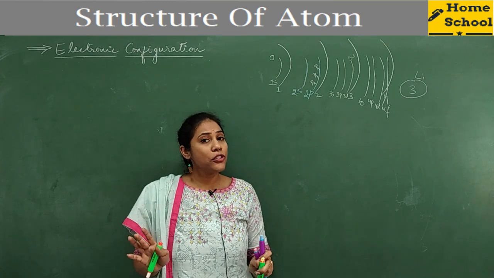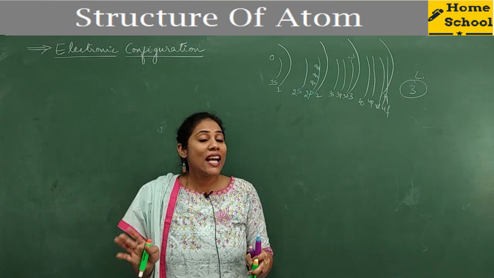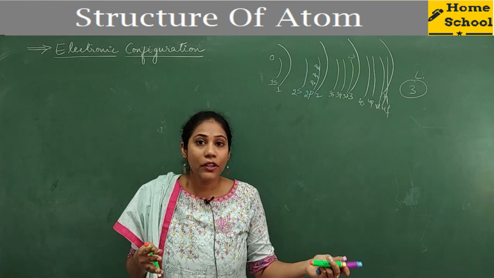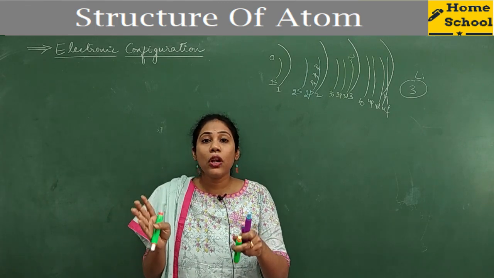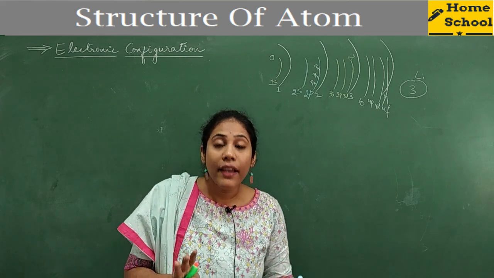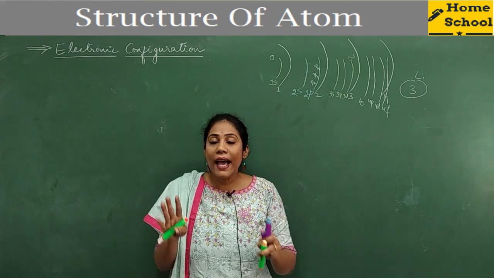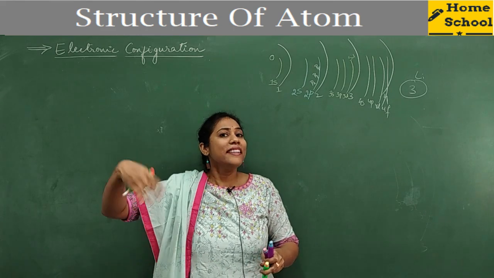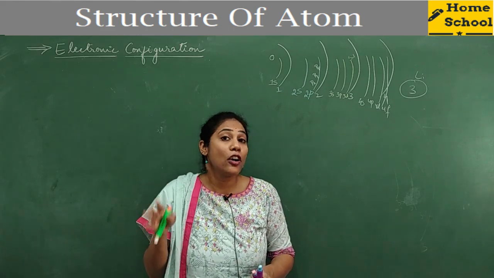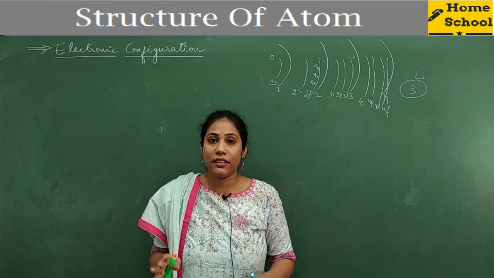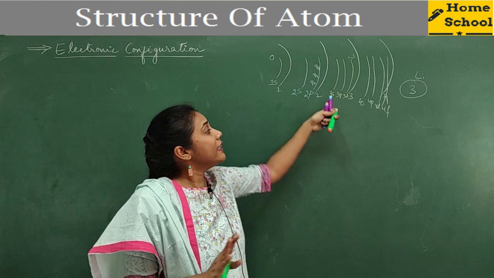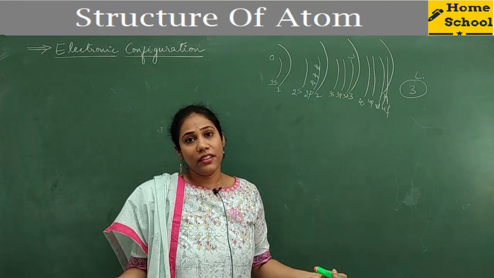So here you must know which orbital has lesser energy and which orbitals have higher energy. The first electron always likes to enter the orbital having lesser energy. Clear? Like that, electron filling takes place according to orbital energy. So here we must understand which orbital has what energy.